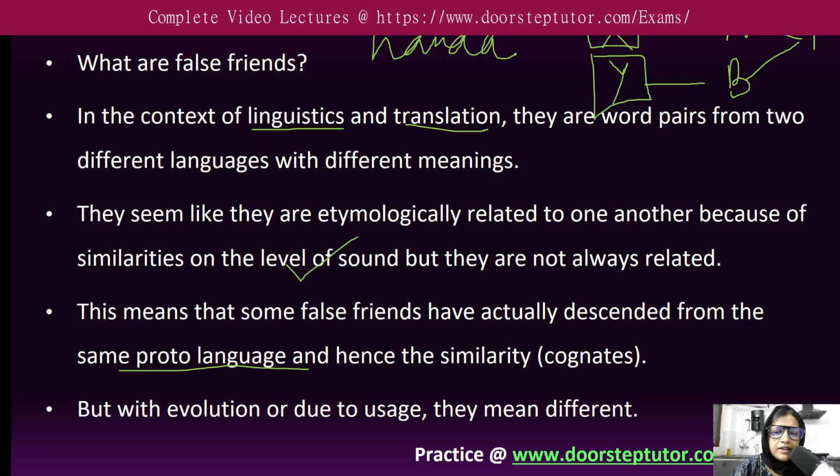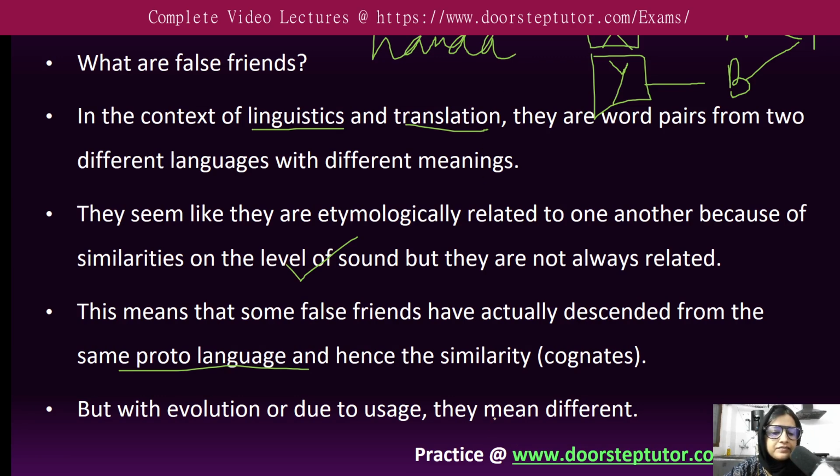So the language has molded according to its people, according to its society, according to the speakers that use the language. This is why evolution leads to straying of language away from the proto language, and that is why this results in creation of false friends. So etymology might still be there, but the meanings have changed. Okay, so the sounds are the same, but the meanings have changed.